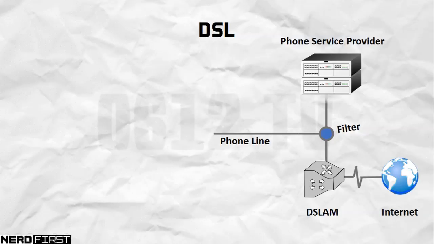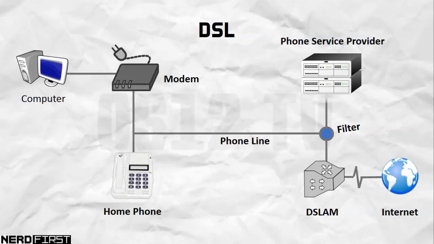The setup in your house is more or less similar. Basically, you will need your phone line again. You will need a modem to correctly extract the data and to inject more data into the system. But you will also need to install a filter. In this case, this is known as a micro filter.